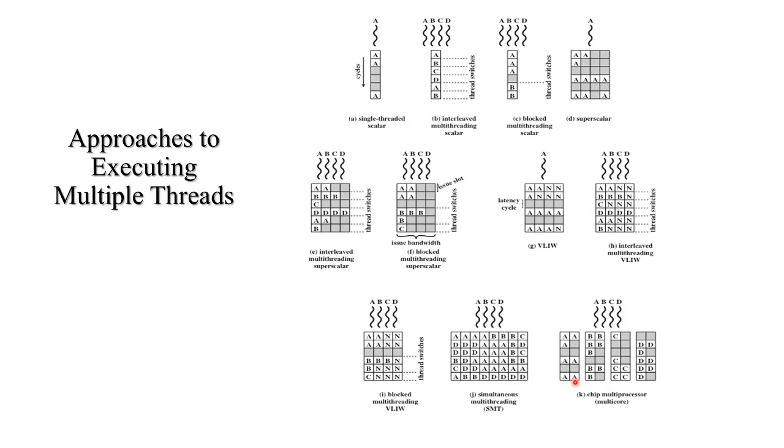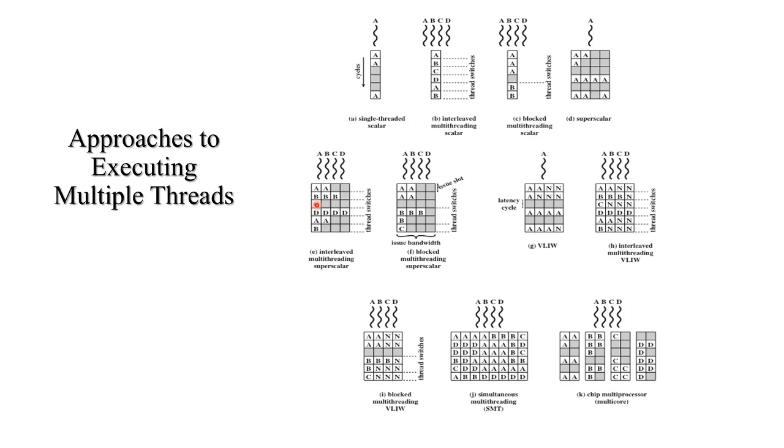So this is about the approaches to executing these multiple threads. For the first two approaches, instructions from different threads are not executed simultaneously. Instead, the processor is able to rapidly switch from one thread to another using a set of registers and other context information.